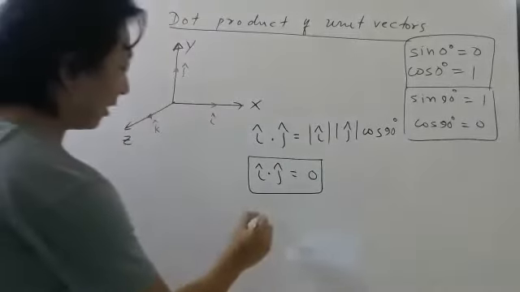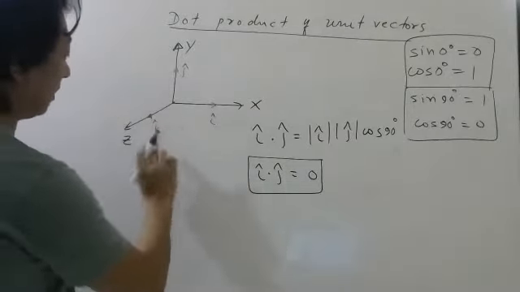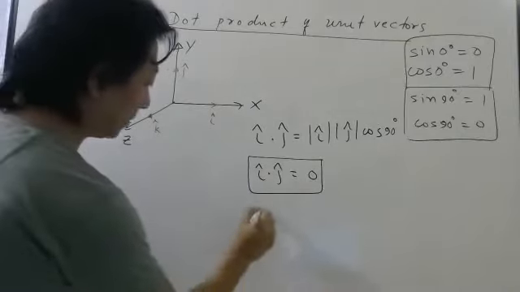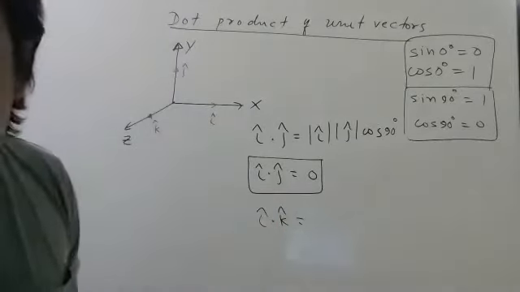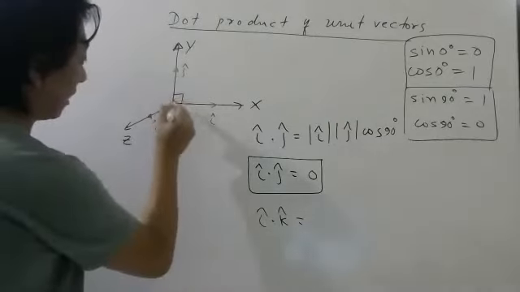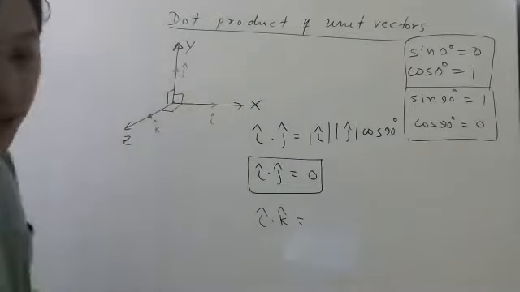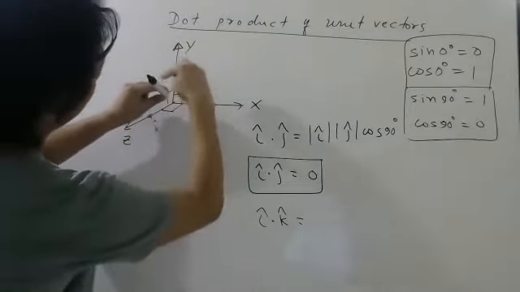Can you quickly tell me i cap dot k cap? That will be also 0 because this angle is also 90. Actually, students, z axis is here, no? So this is 90. This is also 90.